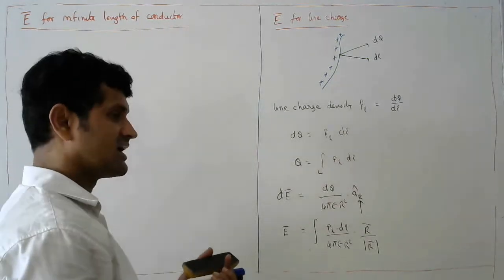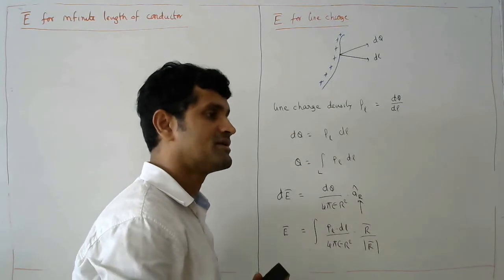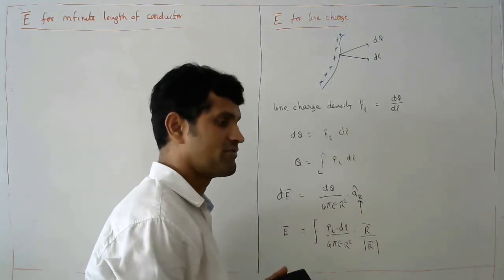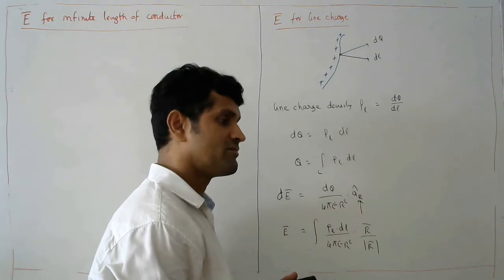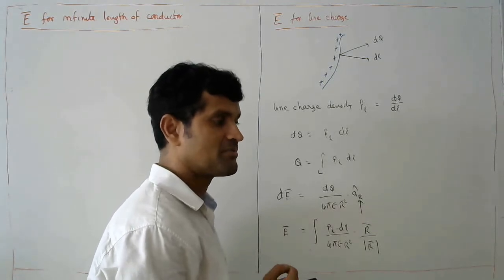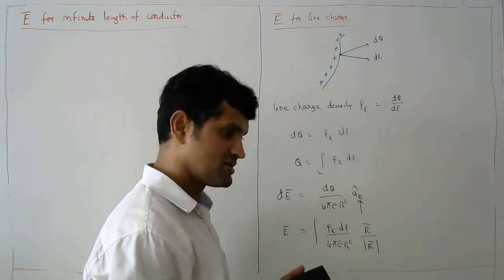Because of that conductor, if we assume any point, on what axis does the point fall, and at that point, what is the effect of this electric field intensity? At that point, you have to calculate the total charge.